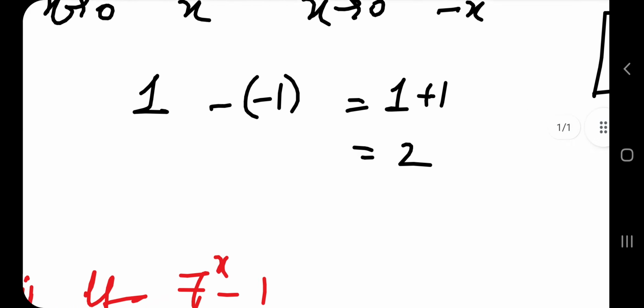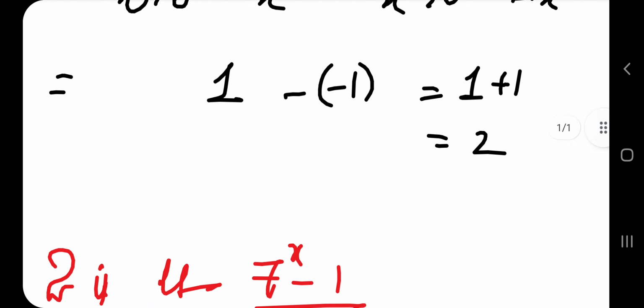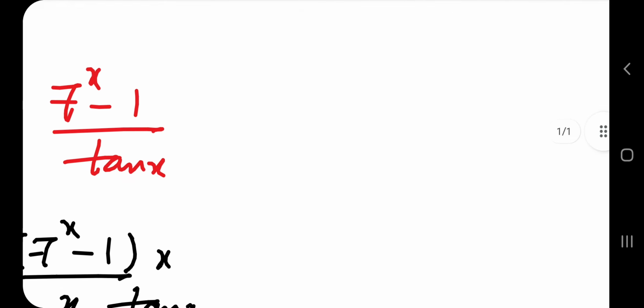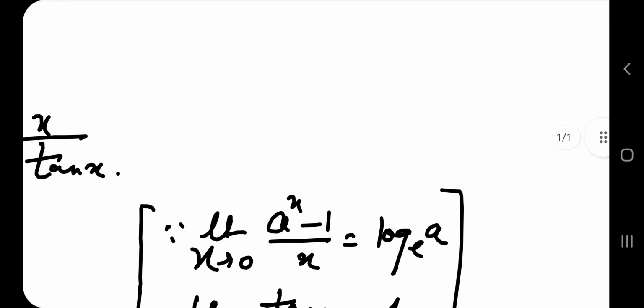Now, next sum is this one. Limit x tends to 0, (7^x minus 1) by tan x. So for the upper part, if you can see the formula, one second. Yeah, this formula: limit x tends to 0, (a^x minus 1) by x is needed.